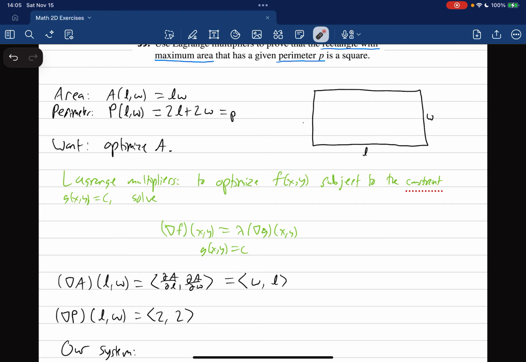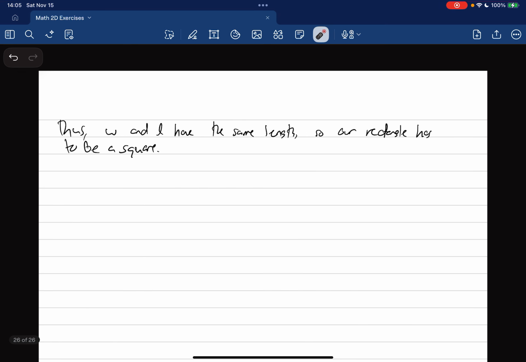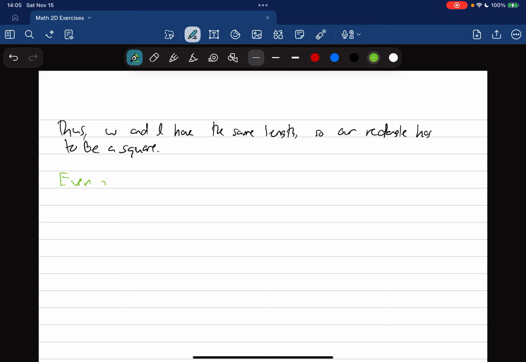So in particular, this is equal to this, and likewise, this is equal to this. I'm going to add that as a note for everyone: from 1 and 2, we see that this already tells us our rectangle is a square.